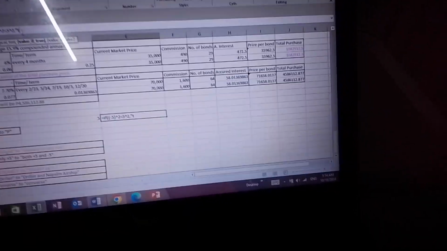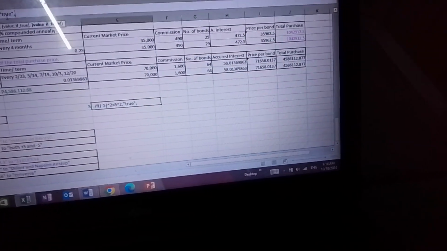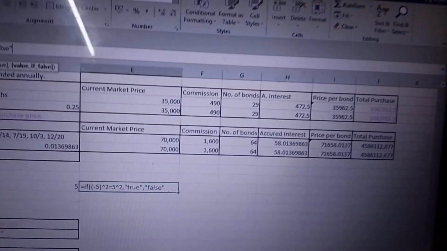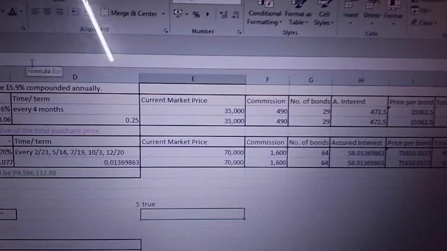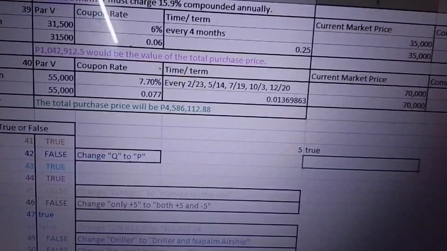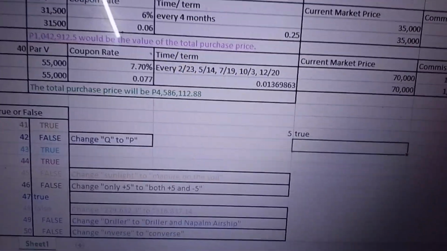If it's correct, true, otherwise false. So negative 5 squared, that's supposed to be 25. 5 squared will give you 25. If it's true, yes, that's true. So therefore, the correct answer should be change only positive 5 to both positive 5 and negative 5. So your answer is false.